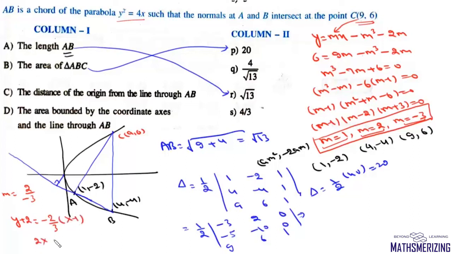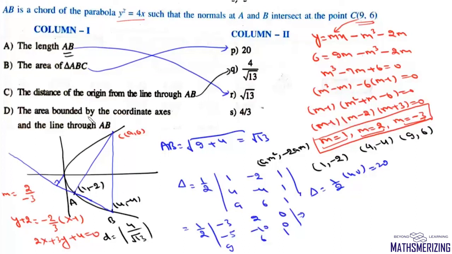So it will be 2x plus 3y plus 4 equals to 0. Now we'll find its perpendicular distance from origin. So perpendicular distance from origin will be 4 upon, now it will be what, 9 plus 4, root 13. So it will be 4 by root 13. So C is matched to Q.